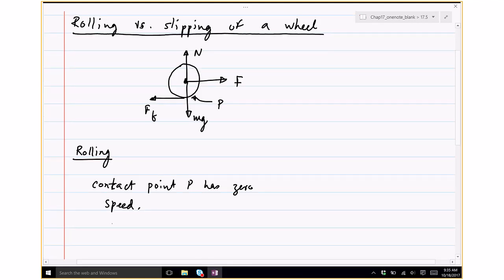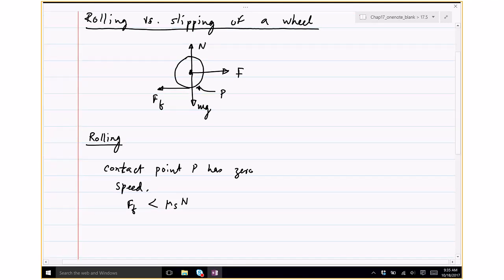In this case, the friction force is always going to be less than the coefficient of static friction times n. What is true is that v equals omega.